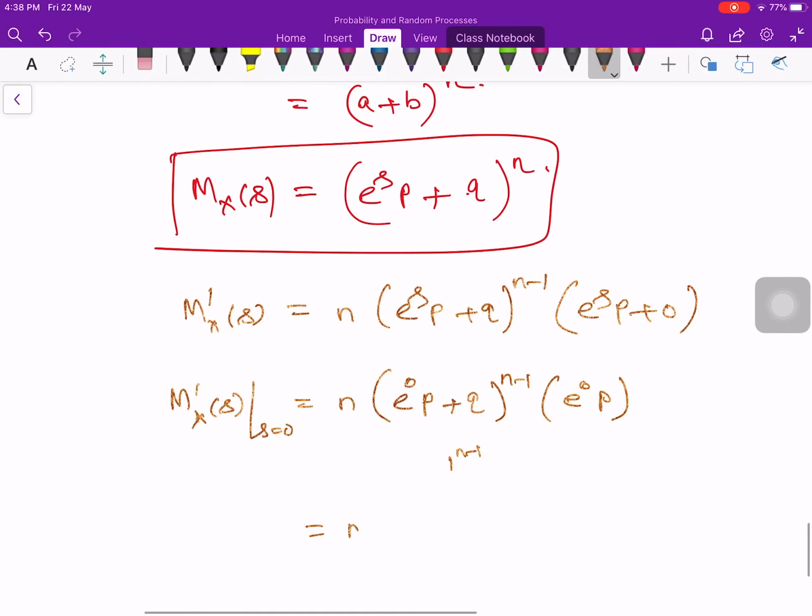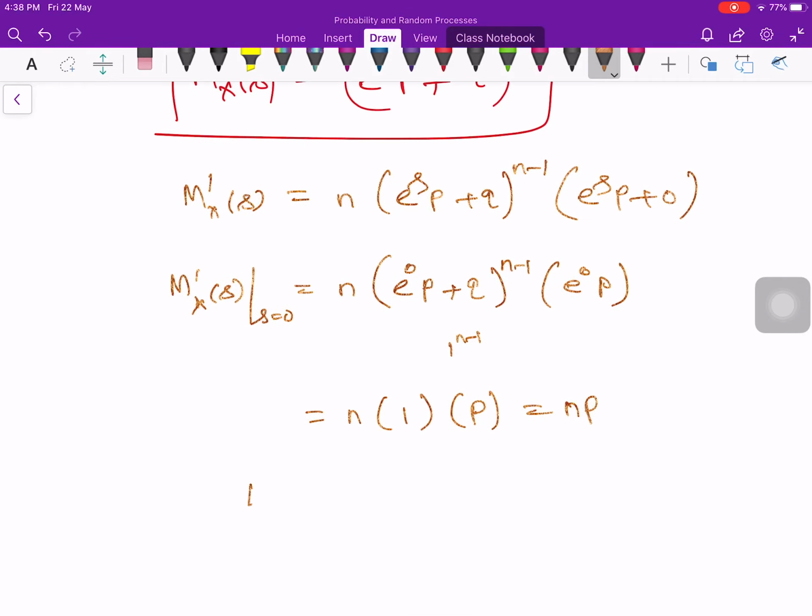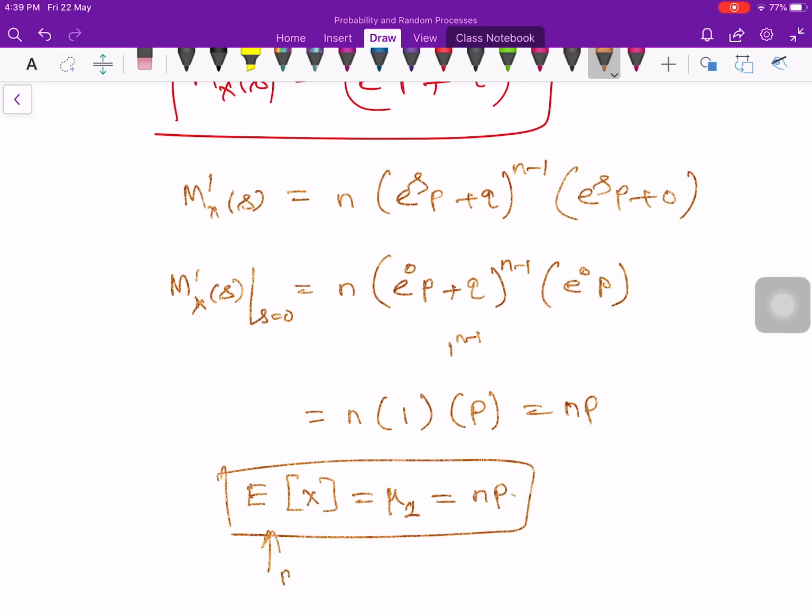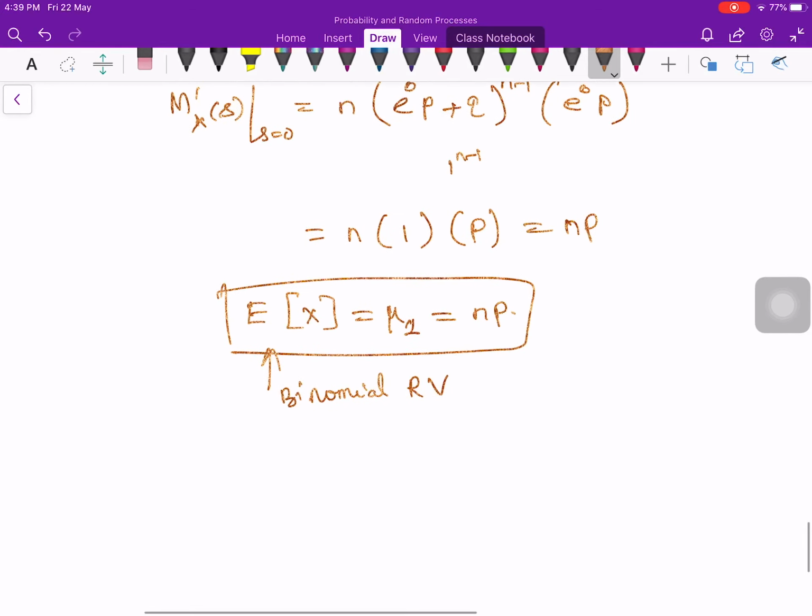So this is going to be n times 1 times p, so this is np. Therefore the first order moment E of x, denoted by mu sub 1, is equal to np for binomial random variable.